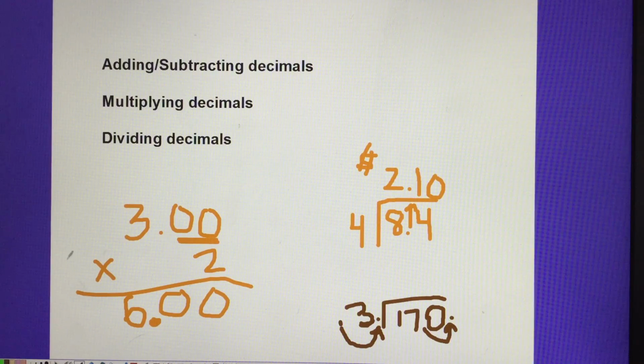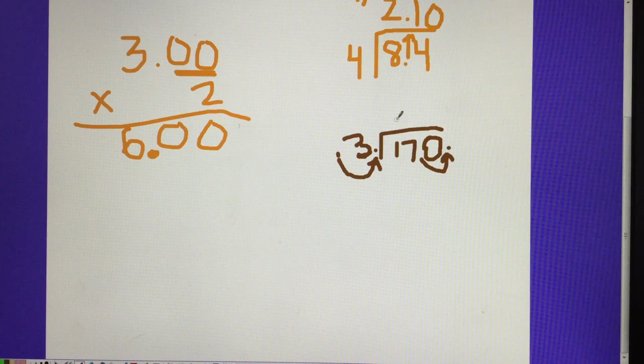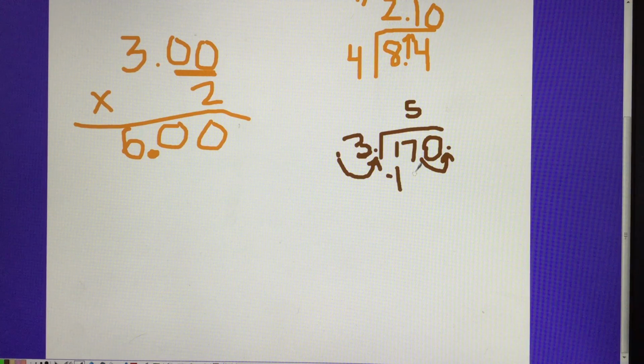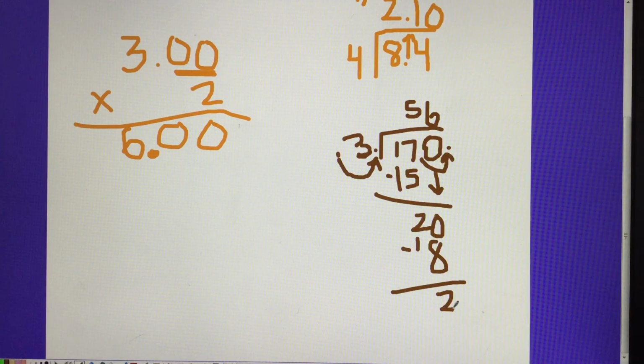Oh, here we go. Whew, I ran out of page. 3 goes into 17 5 times. We get 15. Okay, we have 2 left. Pull down that 0. 3 goes into 20 6 times. We get 18. Oh, we've got some repeating going on. We have 2 left. There's a 0 here, even though it's not showing.